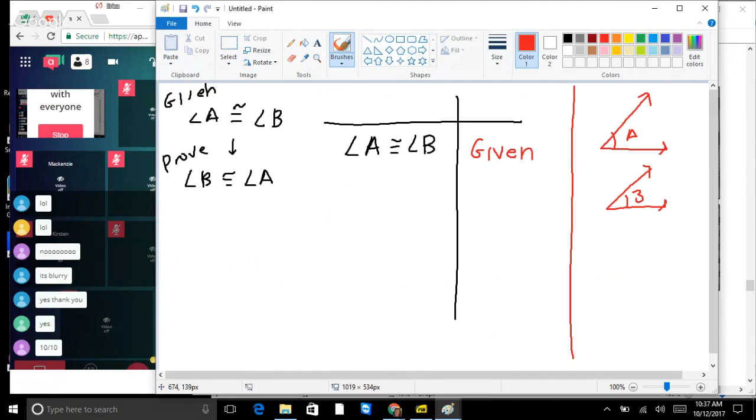Now, what else do I know just based off of angle A being congruent to angle B? Well, I know the definition of a congruent angle. The definition of a congruent angle says that the measure of angle A is equal to the measure of angle B.